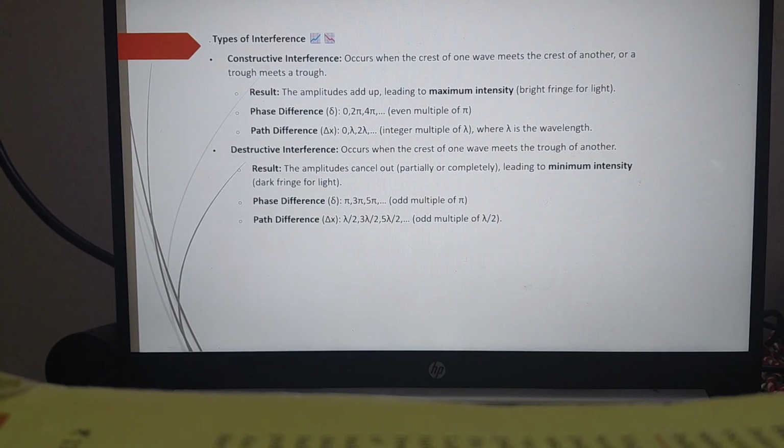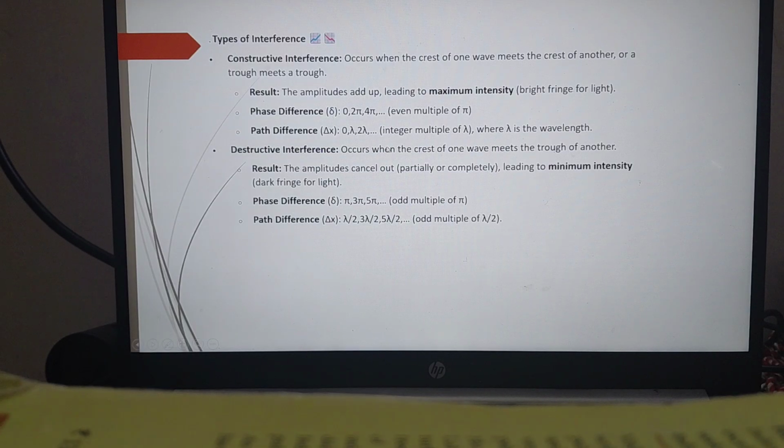In destructive interference, the crest meets the trough and the trough meets the crest, each in the opposite direction. What will be the result? The minimum intensity, which forms the dark fringes, and the amplitudes cancel out, which is nothing but zero.